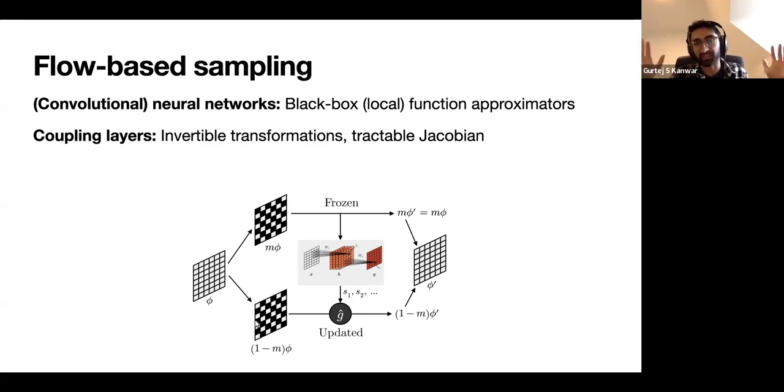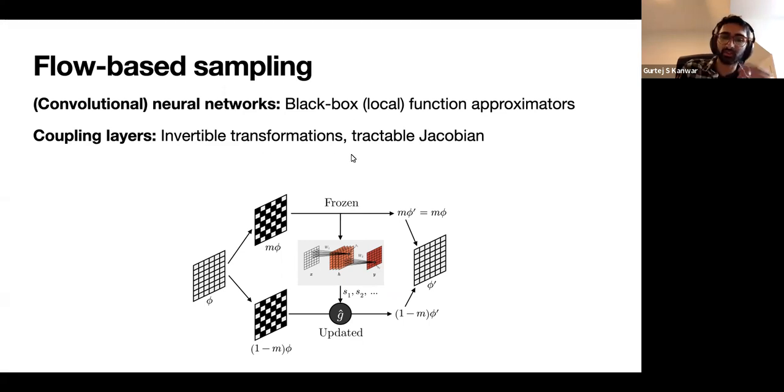Now that's quite schematic, and I unfortunately don't have the time to go into much detail, but the idea is that this black box function approximator, this neural network, lives inside the coupling layer in a very precise location, such that the coupling layer has several interesting additional properties that the neural net by itself didn't have, but retains the expressivity afforded by using a neural net inside as a potentially complicated function.